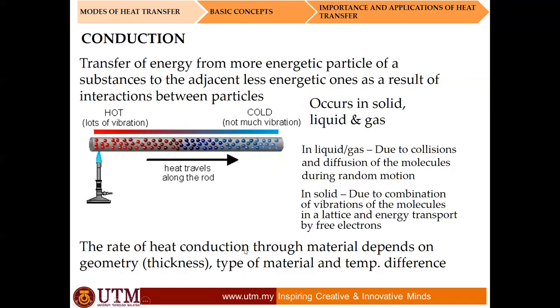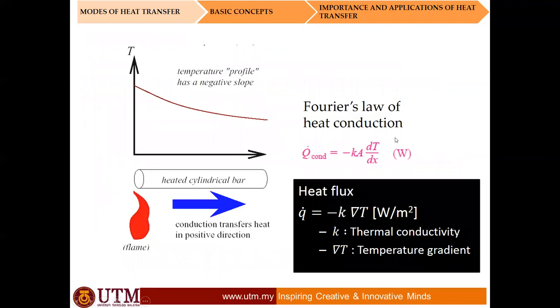So the rate of heat conduction through a material, let's assume this is the example from hot to cold, depends on the thickness of the material, the type of material, and the temperature difference that we apply on the material.